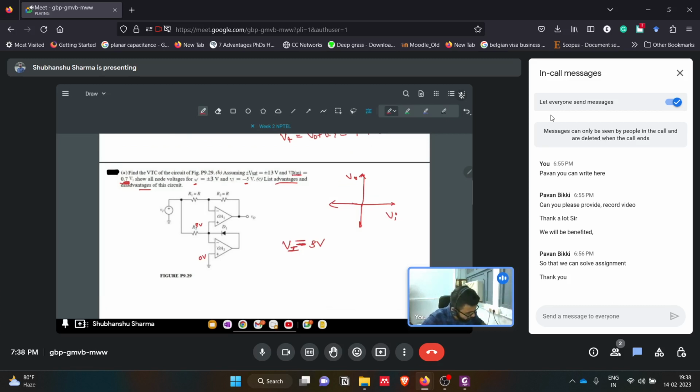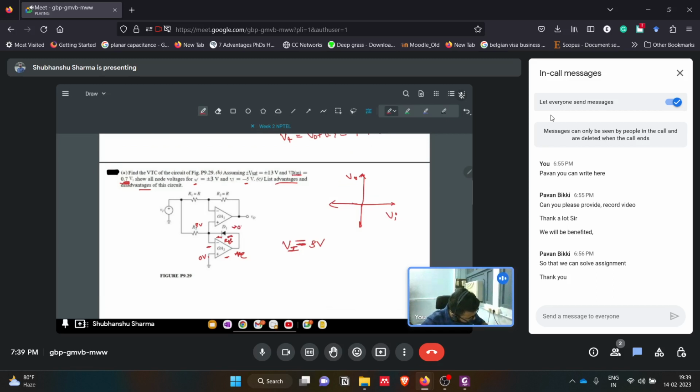The output of this op amp will be negative, since this potential is more than the non-inverting side of the op amp. So then this circuit will become open, this will be reverse biased. So D1 will be off.